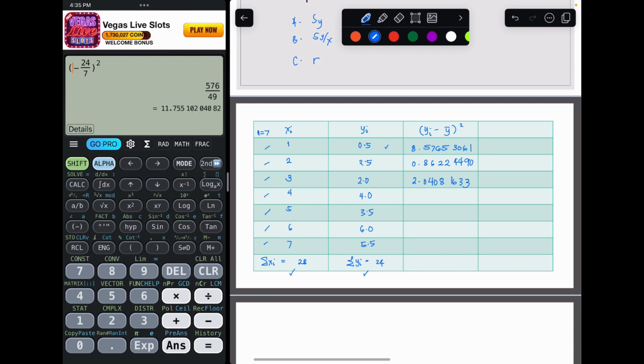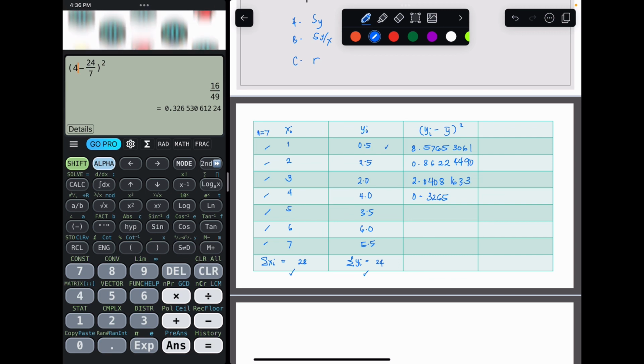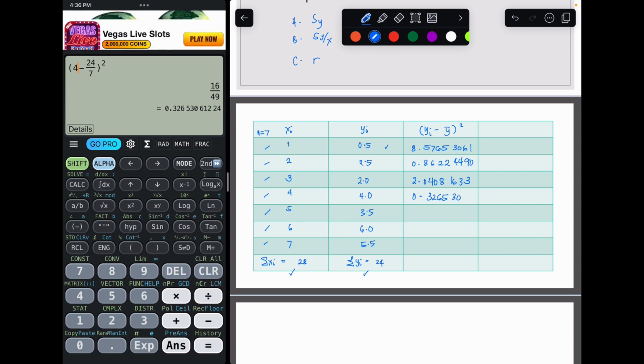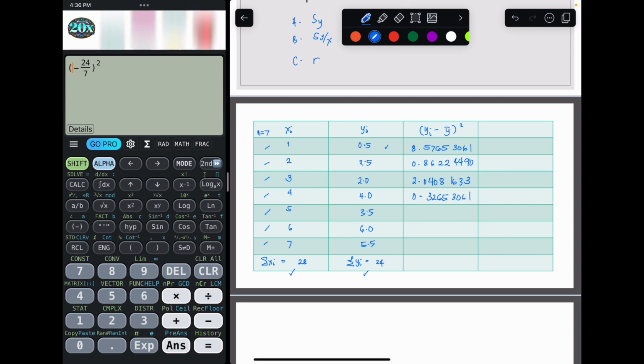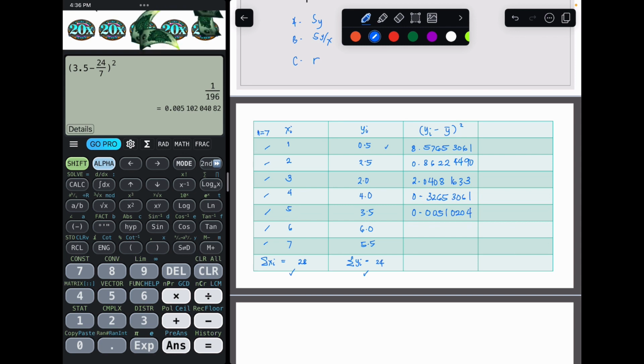And then we subtract 4, that would be 0.32653061. For 3.5, 0.00510204.